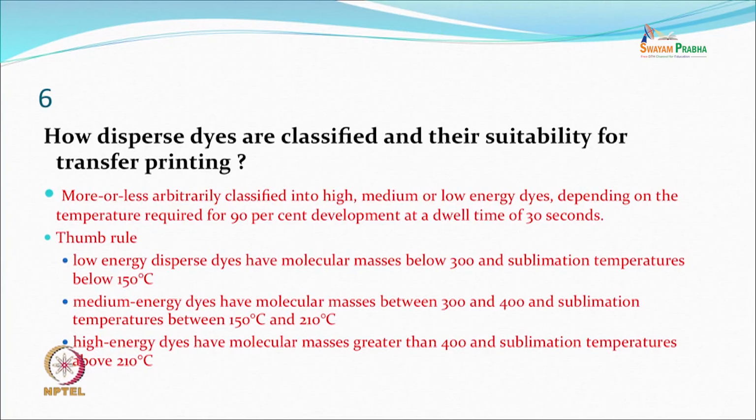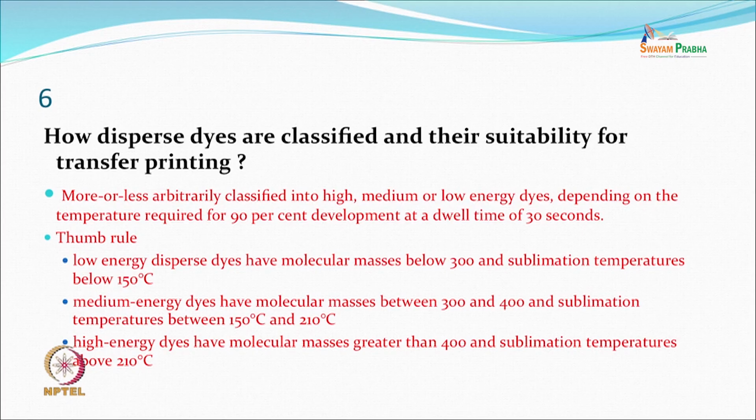So, a general thumb rule, as you already know, is that the molecular weight may be less than 300 for low energy disperse dyes, right, and sublimation temperatures may be below 150. Now, there will be difficulty with this, because if your ironing temperature is also around the same, then the dye may also come out.